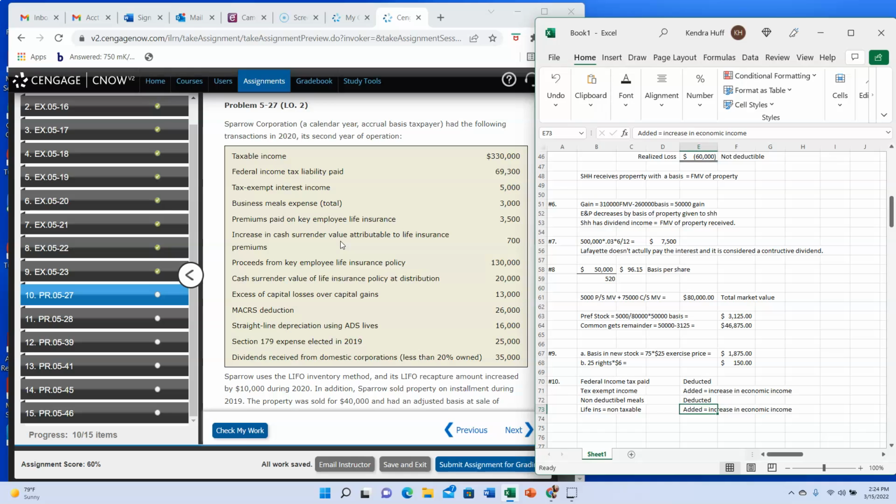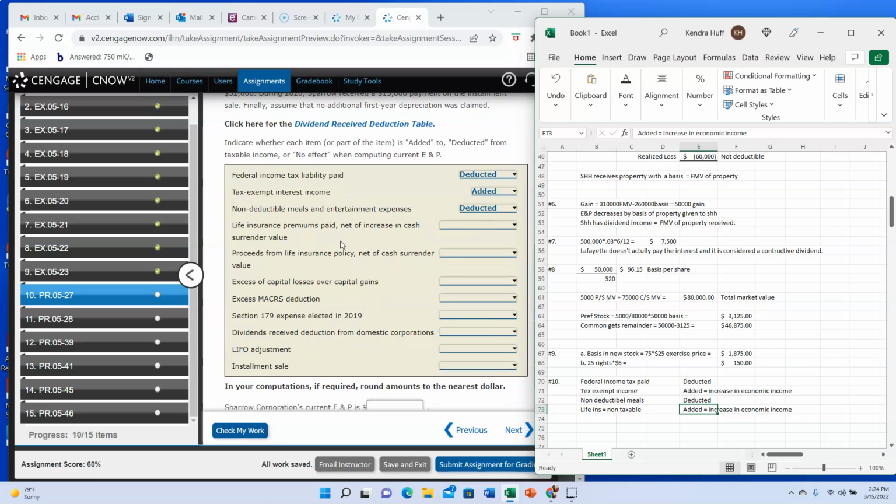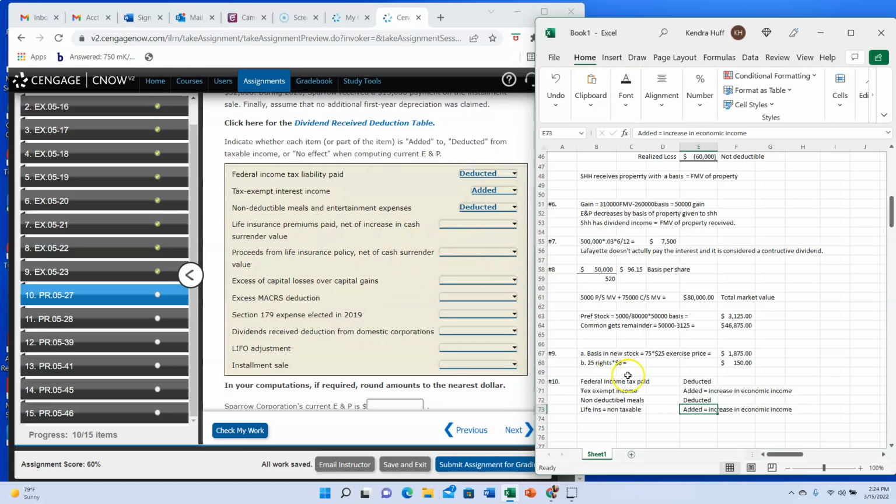Sparrow and its life insurance premiums paid. Sorry. They're non-deductible. I was thinking it was actually life insurance they collected. Non-deductible. So we didn't get to deduct it for tax purposes, but we don't have that cash anymore. So we have to deduct it. Sorry, I misread that.